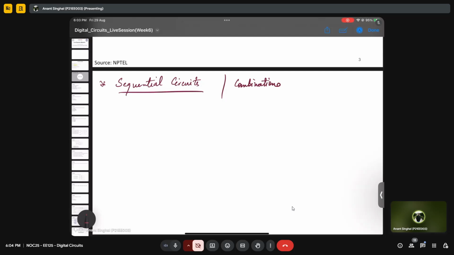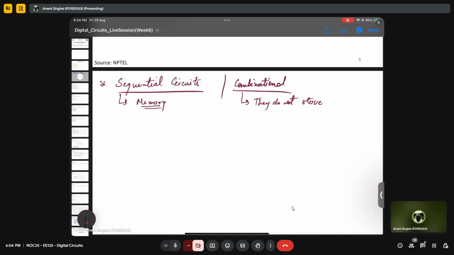What we have been studying in this course till now are all combinational circuits. The basic thing is they do not store anything, whereas a sequential circuit is basically like a memory.